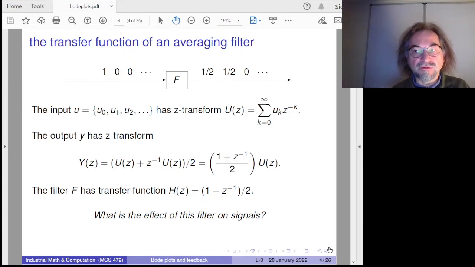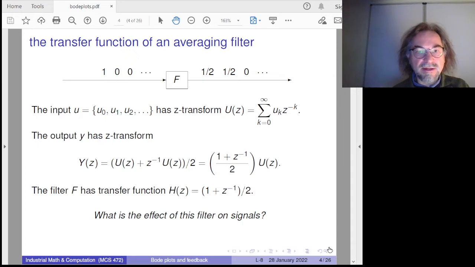Well, it allows us to represent the input signal in a very compact manner when we have an explicit form of the Laurent series, and often we do.